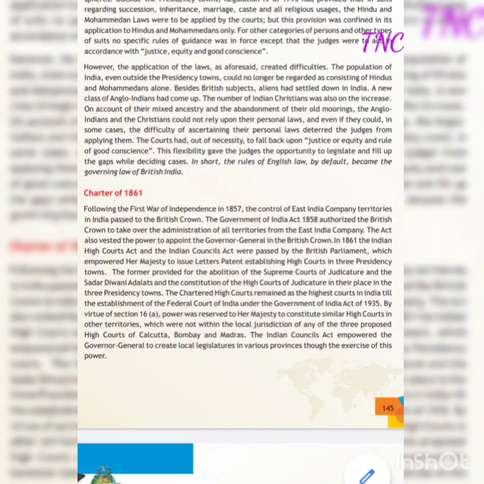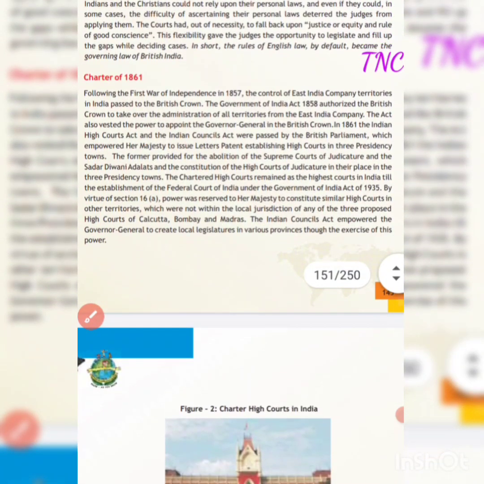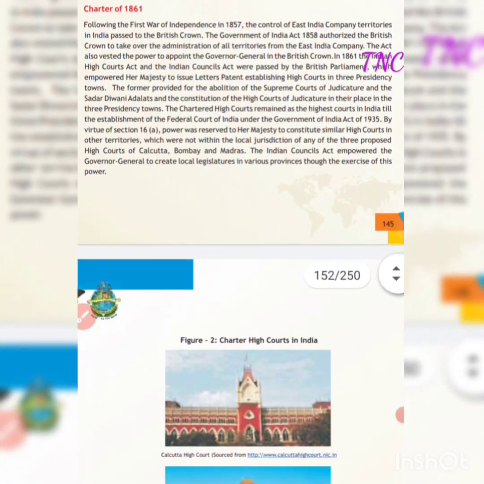These were the presidency towns that were under the control of the British from the beginning. The Acts established the post of Governor General to be appointed directly by the British Crown, and gave Her Majesty the Queen the power to establish high courts and Indian councils in India.